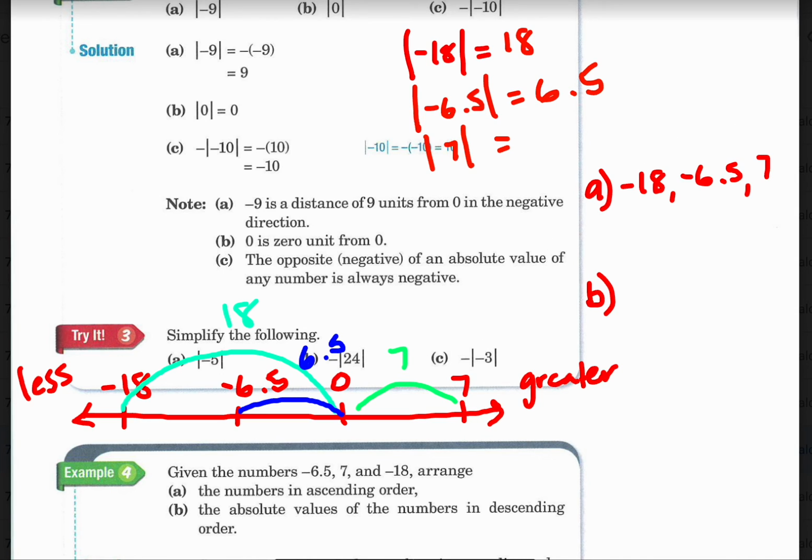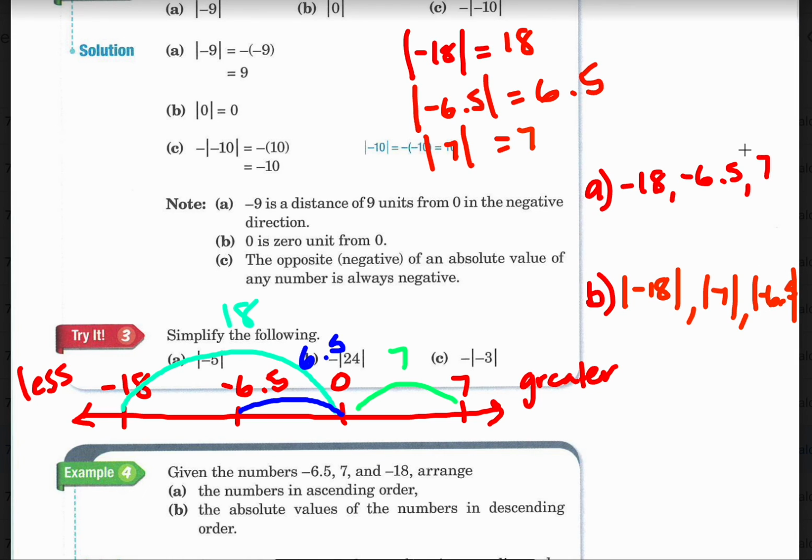Okay, so we want to order them in descending order, so greatest to least. Greatest one is 18. So absolute value of negative 18, because remember we're ordering the absolute values, got to write it with absolute value. Then next is absolute value of 7. And lastly, absolute value of negative 6.5.